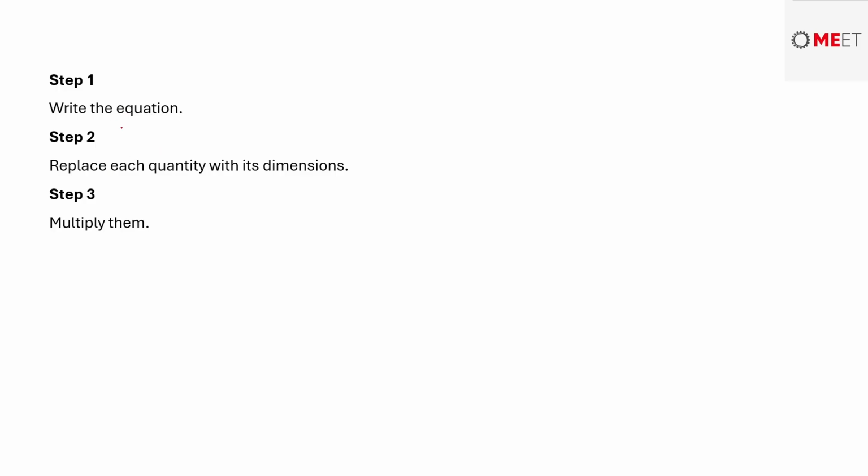So how to write a dimensional formula? Let's take an expression of force is equal to mass into acceleration. Mass is expressed in kgs, acceleration is expressed in meter per second square. First we need to write the equation. Second, each of these quantities should be represented by their dimensions.